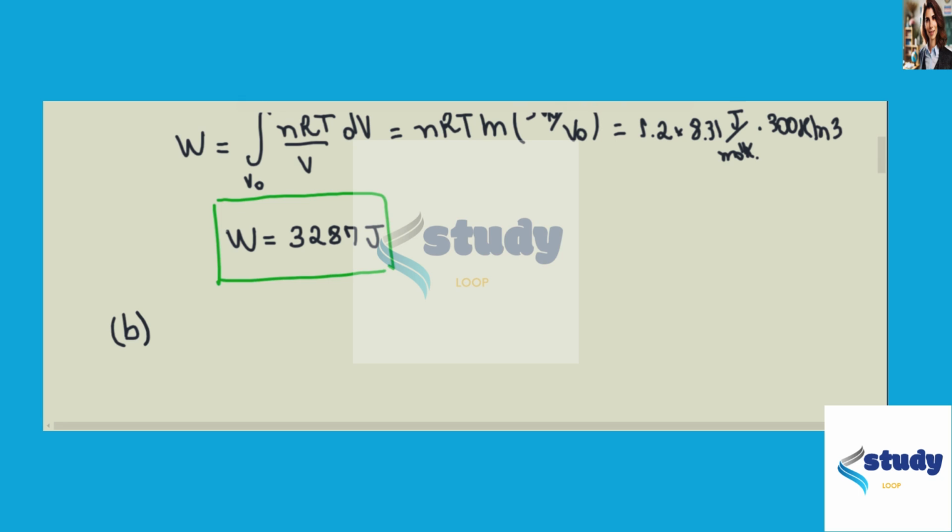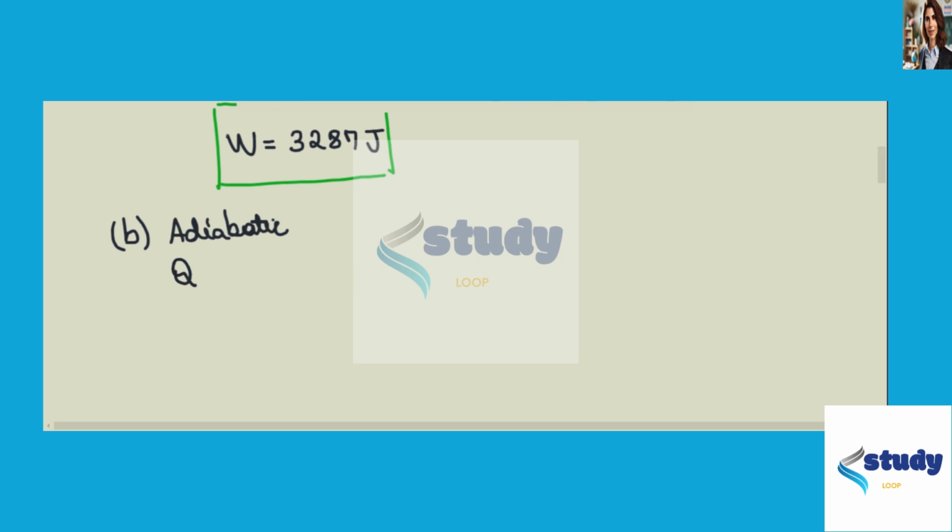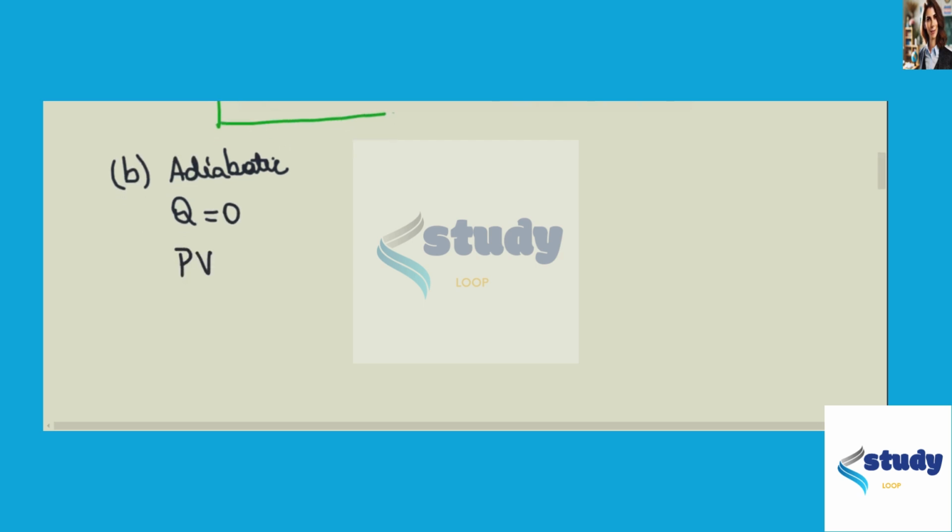In question B, we have to consider the adiabatic case. In that case, no heat flows, and we know that PV to the gamma is a constant. So PV to the gamma is P0 V0 to the gamma. So P is equal to P0 V0 to the gamma divided by V to the gamma.